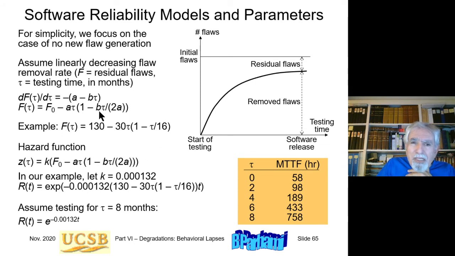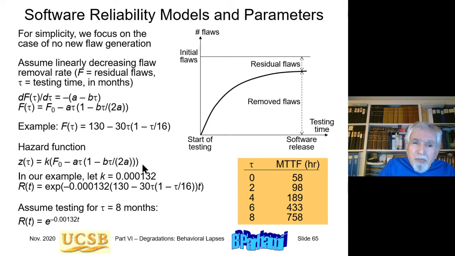As I said, these companies that develop software, from experience, they know what the values of these parameters are for their particular type of software development. And there are also handbooks which you can consult and read out these parameters.